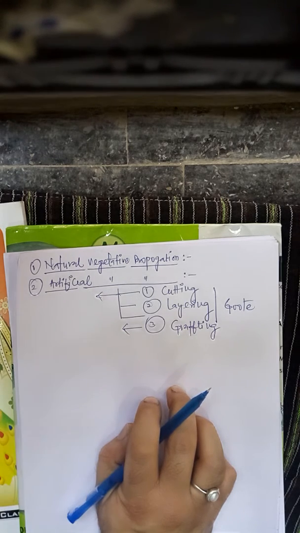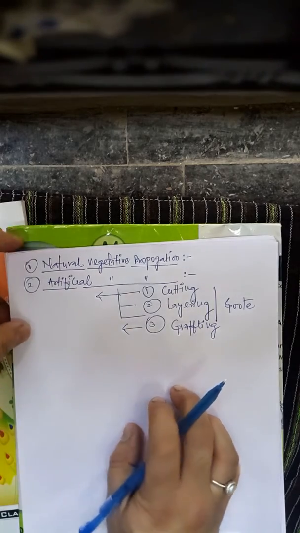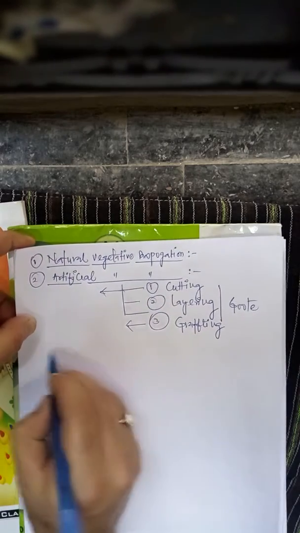Then we give a complementary cut in both twigs, and we fix both twigs and wrap them with a thread, and we place the combined twig inside the soil. Then one twig of the plant forms roots and the other twig forms the shoot. The twig that forms the roots of the plant is called the stock, and the other that forms the stem is called the scion. So this is artificial vegetative propagation.